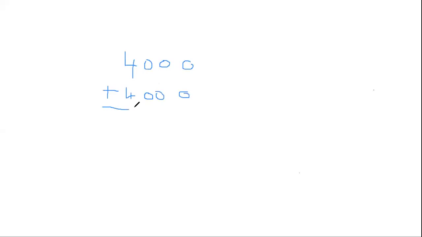So 4,000 plus 4,000 is 0 plus 0 is 0, 0 plus 0 is 0, 0 plus 0 is 0, 4 plus 4 is 8. That's 8,000 milliliters.